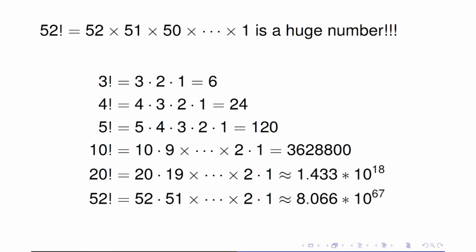And you can continue. 20 factorial is approximately 1.433 times 10 to the power 18. And when you get to 52 factorial, it is approximately 8.066 times 10 to the power 64.